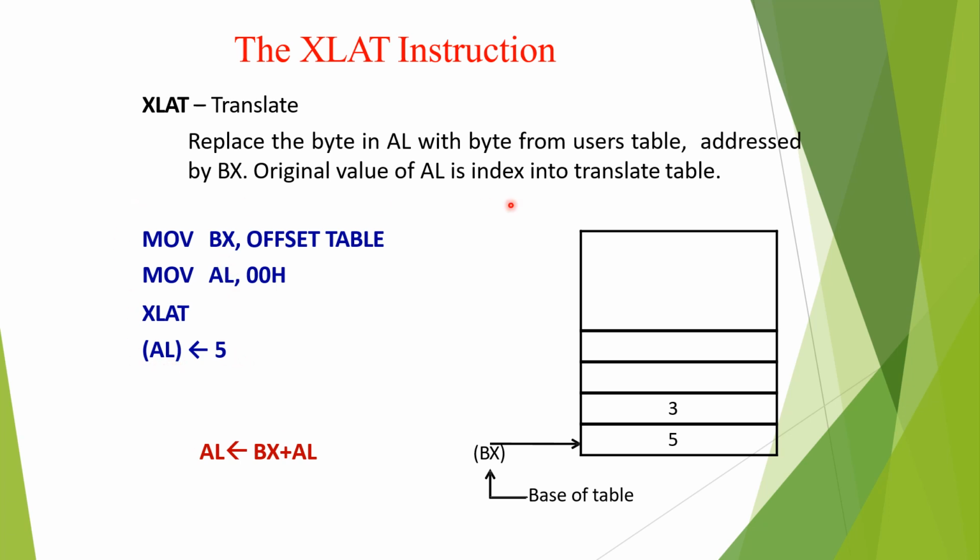So this is how you are able to access the data present in a lookup table. Ultimately the output of the AL register will be the addition value of your base register BX and the AL register.